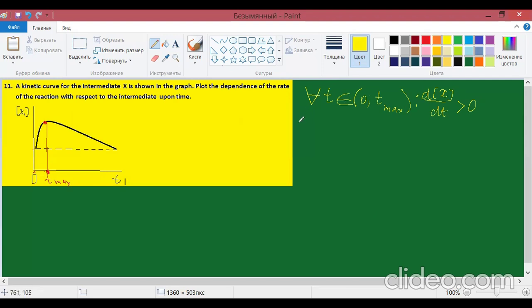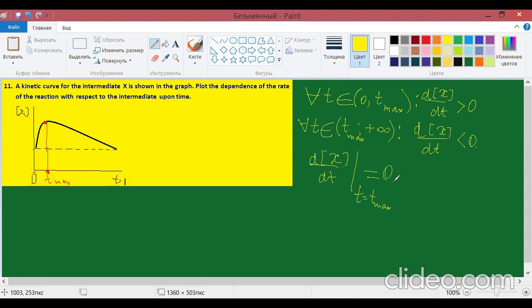We can write that for any t from the interval t sub max to plus infinity, the derivative dx over dt is negative, and dx over dt at t equal to t sub max is equal to 0.